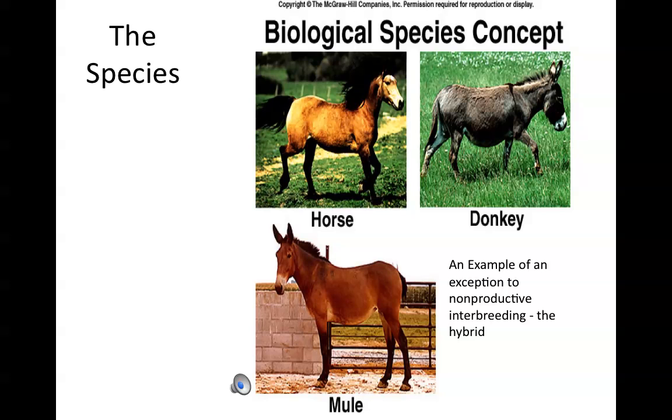Well, a mule is a non-reproducing hybrid. It still is an organism. It's capable of doing some of the same kinds of activities that you would find in both a horse or a donkey, but it is a unique non-species example of a hybrid that we would not consider a new species.